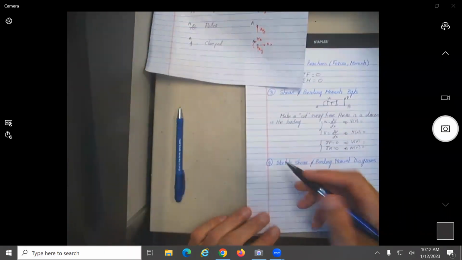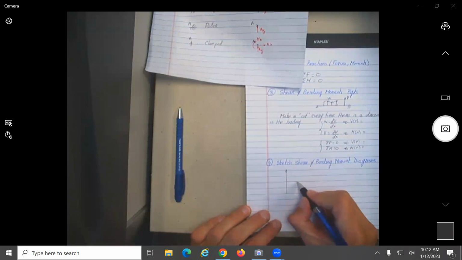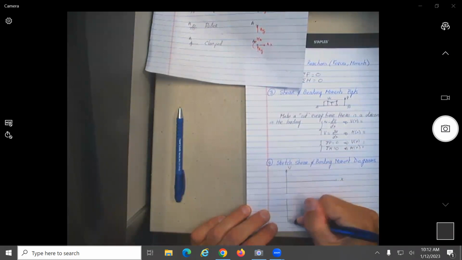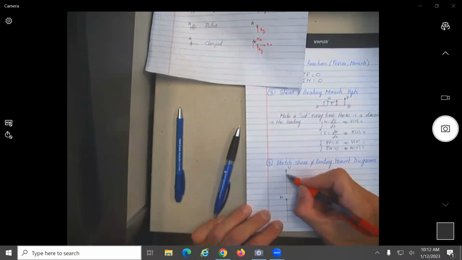So basically here, I do a figure with X, V, and X, M, okay? This does not correspond to this one, but let's say this could look like this way.